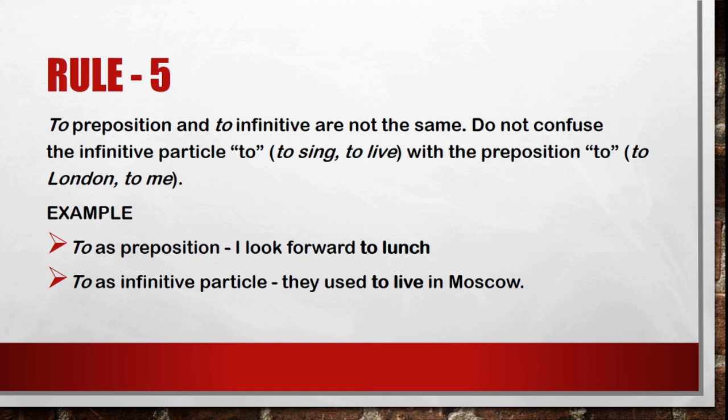For example, to as a preposition is like I look forward to lunch. Whereas if you're talking of an infinitive particle to, then it's like they used to live in Moscow. So do not get yourself confused with these two, right?